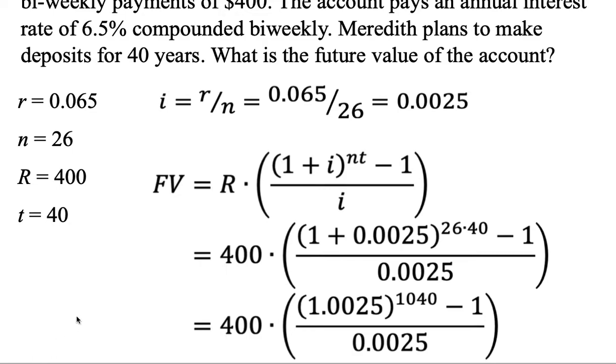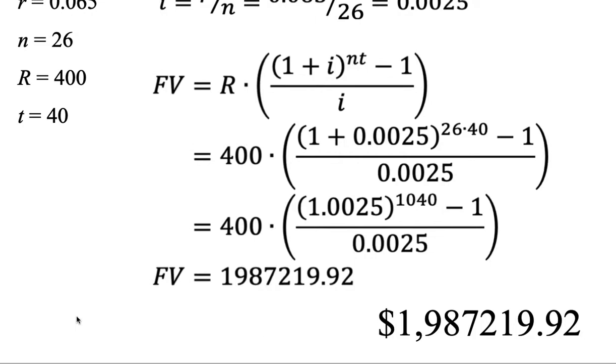Completing the computation, we obtained that the future value of this account is approximately $1,987,219.92. This is using 6.5% interest compounded bi-weekly on $400 payments for 40 years.